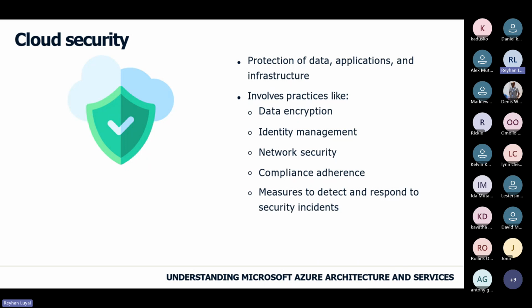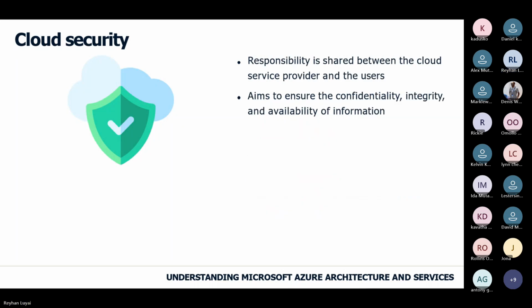It involves practices like data encryption, identity management, network security, compliance adherence, and measures to detect and respond to security incidents. The responsibility for cloud security is shared between the cloud service provider and the users, and it aims to ensure the confidentiality, integrity, and availability of information in cloud environments.